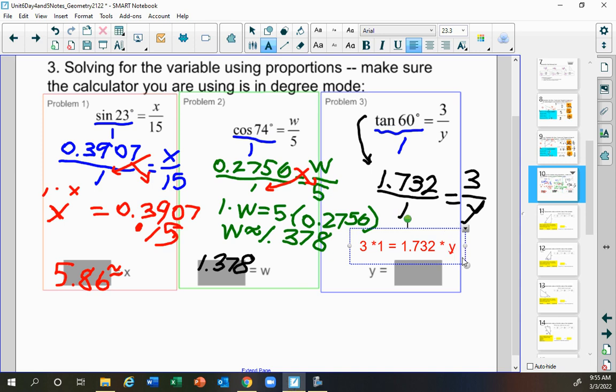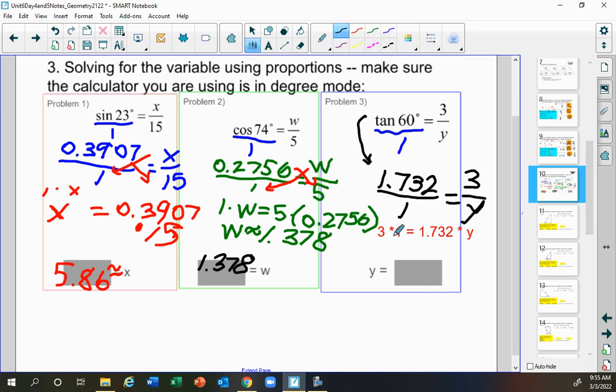But then what do you really have to do in the end to get the y by itself? If we want y by itself, what do we have to do to both sides of the equation? Divide by 1. Not divide by 1, but divide by? 3. Nope. Got to divide both sides by the 1.732 because here's your variable right here. Our goal is to get this one by itself.